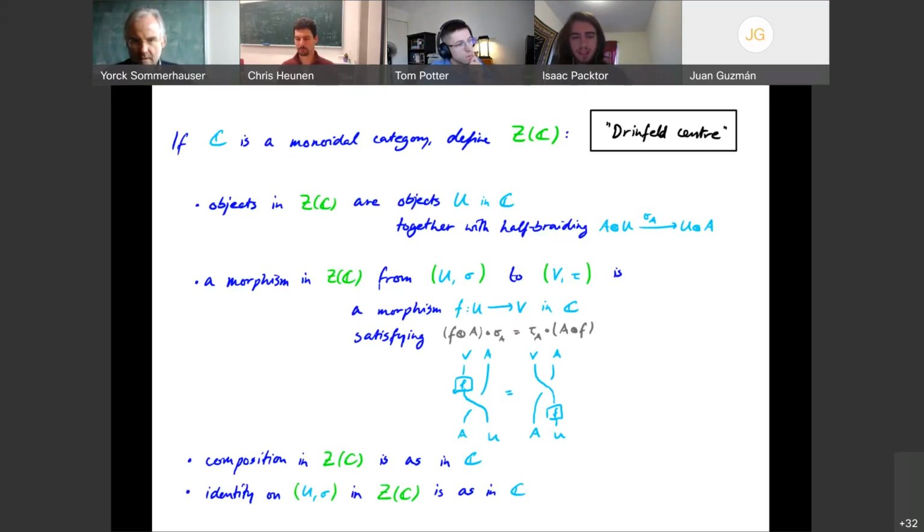Okay, thanks. Chris, I hope you forgive me if I object to that. I would say it's intuitively right, but the Drinfeld center in a certain sense is larger than the category because it comes with additional data.